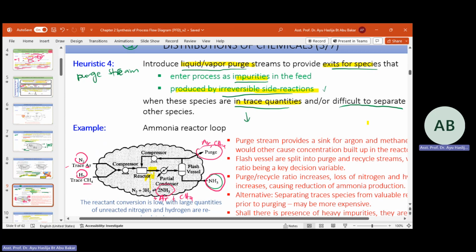Same group as chlorine. Again, check back. So from there, that's why it is important for you to know the properties of the gases that you produce. Whether it can be flared, whether it is inert, or whether it can be liquefied or cryogenic. Okay, it depends on the properties.